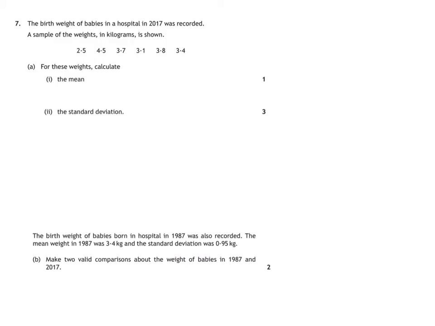Right, so we have birth weights of babies in a hospital in 2017. We have the sample weights in kilograms shown there. We need to calculate the mean and our standard deviation. To calculate our mean, we're adding them up and dividing by how many we have.